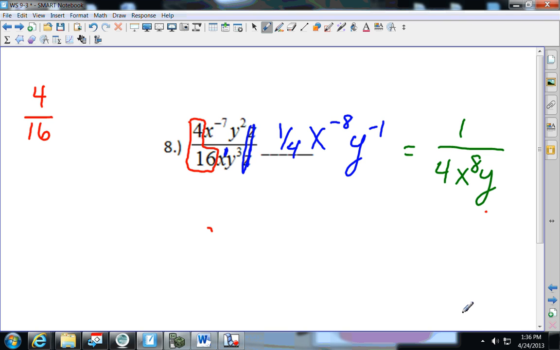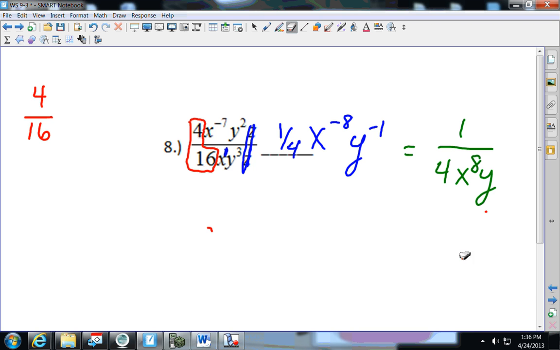Because it's over, yeah, because they're over 1. Right, so when you move it down here to the bottom, it's a positive 1. I mean, I can write. You don't have to put the 1 there, though. Negative way.